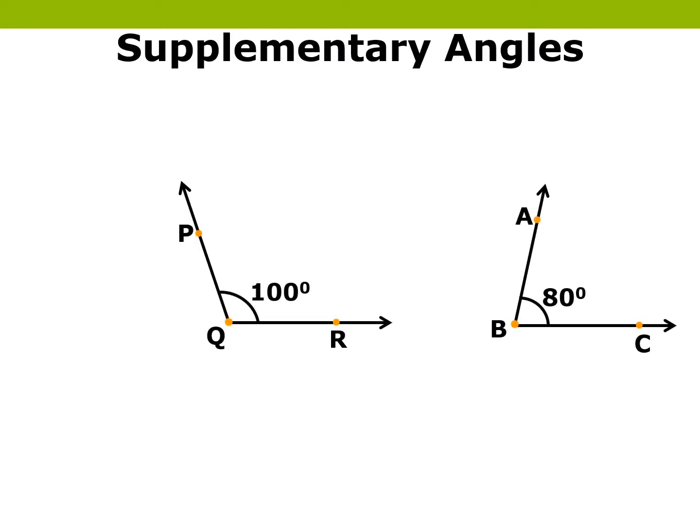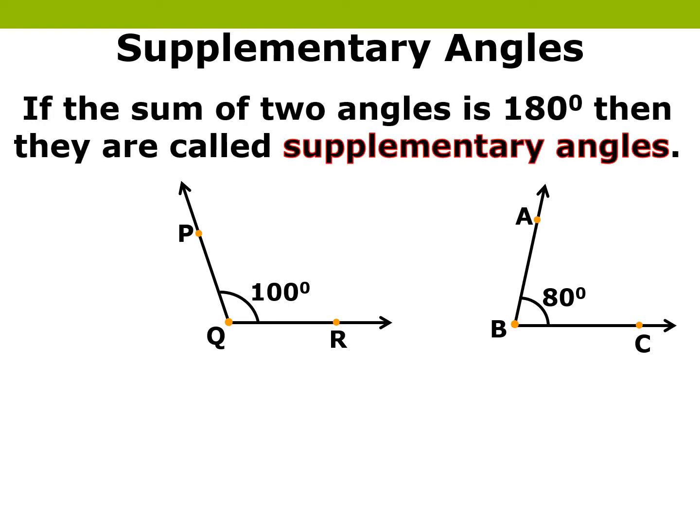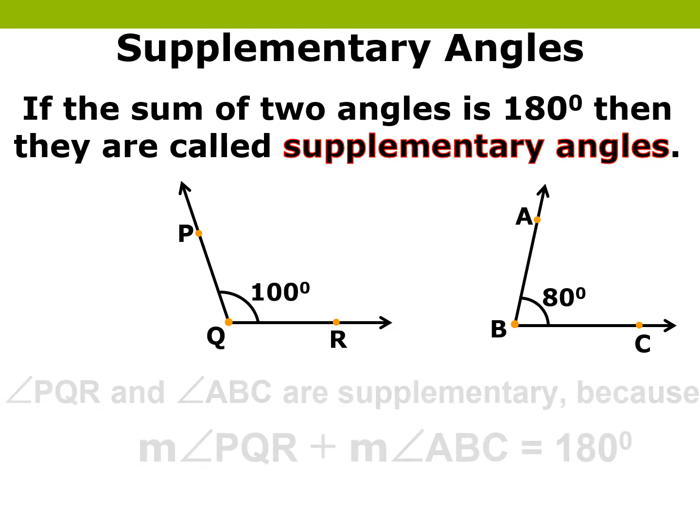Next, how about supplementary angles? If you look at the illustration, what do you think is the sum of their angles? You are correct. If the sum of two angles is 180 degrees, then they are called supplementary angles.